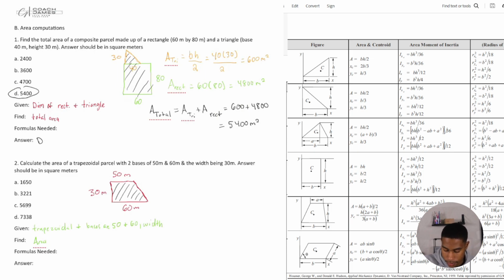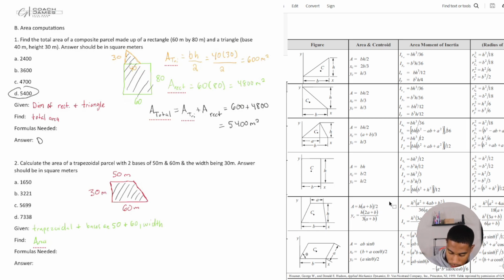The area of a trapezoid can be solved as h, which is your width, times a plus b, which are your bases, divided by 2.